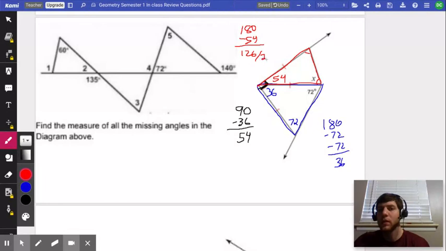So we can divide that by 2, and that's going to be 63. So these two angles here will be 63 and then 63. So x would be 63. Okay, pretty simple there, seeing as we've done it several times.